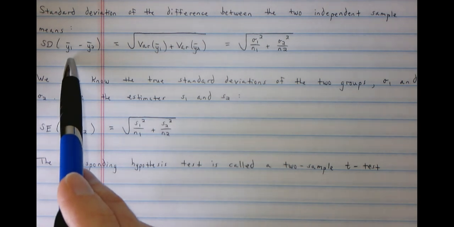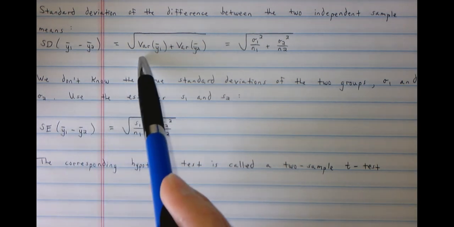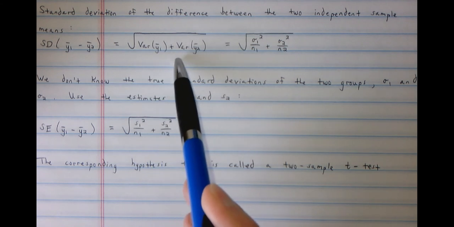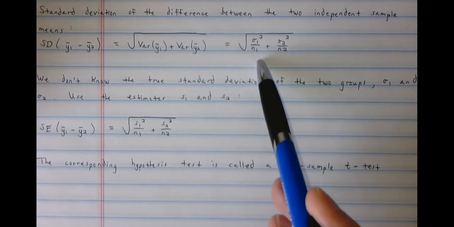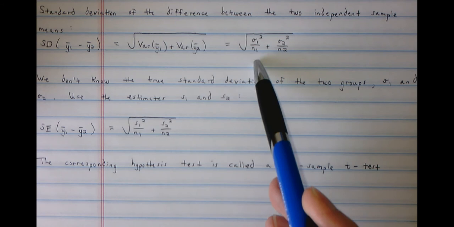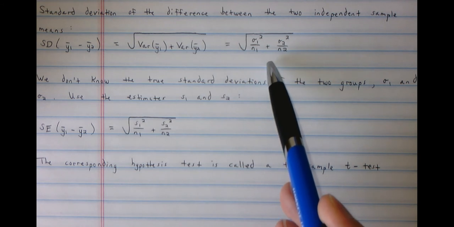The standard deviation of y1 bar minus y2 bar is equal to the square root of the variance of y1 bar plus the variance of y2 bar. And so that looks like this. It's the square root of sigma 1 squared over n1 plus sigma 2 squared over n2.